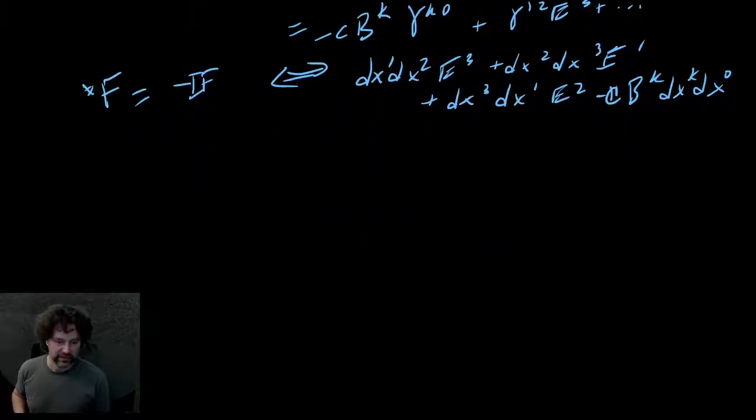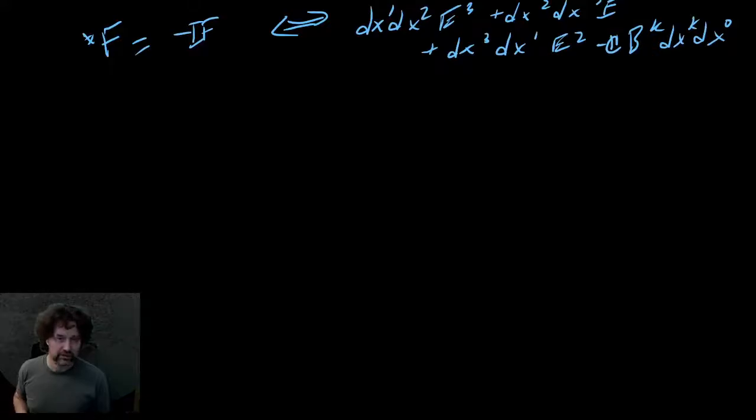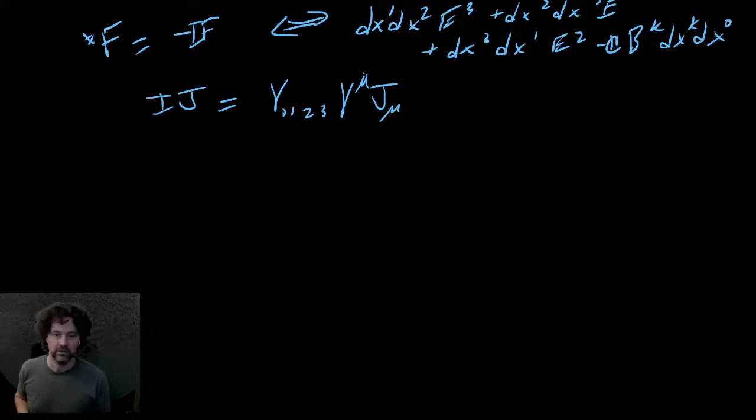And then we have an IJ term as well that we want to have a differential forms representation of. IJ is going to be gamma_0 gamma_1 gamma_2 gamma_3 gamma_mu J^mu, or let's write that as minus gamma_0 gamma_1 gamma_2 gamma_3 gamma_mu J^mu. That's better.